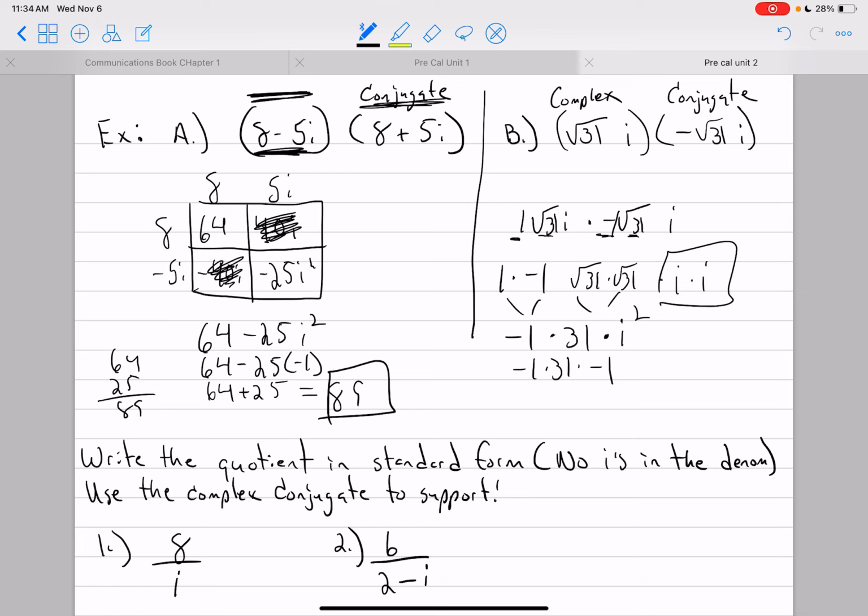We get those i squareds and we start getting rid of imaginary numbers. So this is 1 times 31, which is negative 31. So we have negative 31 times negative 1, which is finally an answer of 31. So we can see how when I multiply the complex number times its conjugate, I end up getting rid of, what are these called? The imaginary numbers.